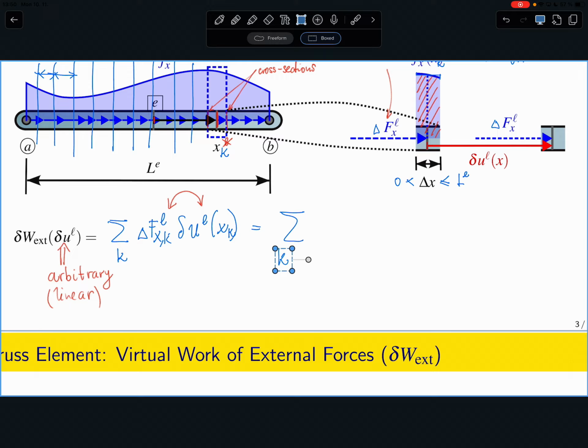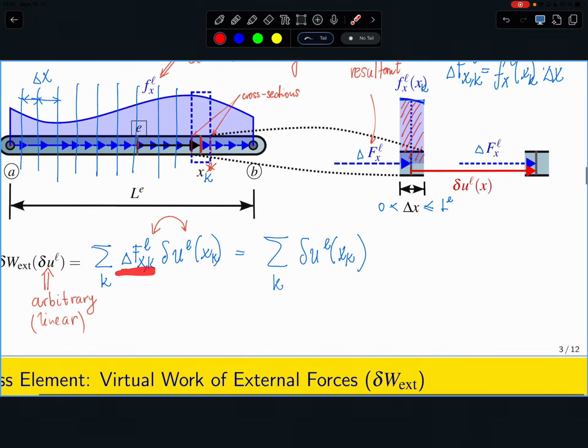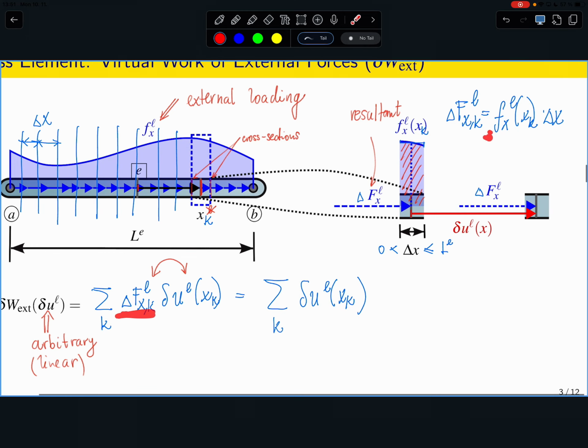what I will get is this delta u e at this cross section xk multiplying this resultant, but this resultant is written here. So this is fx in the local coordinate system at the cross section of the coordinate xk times delta x.